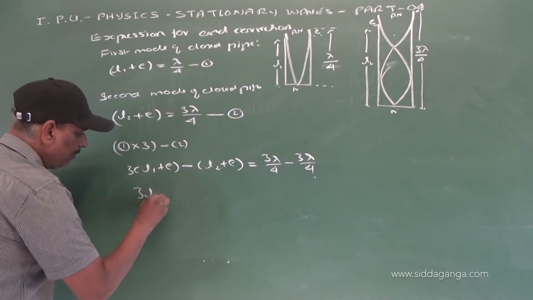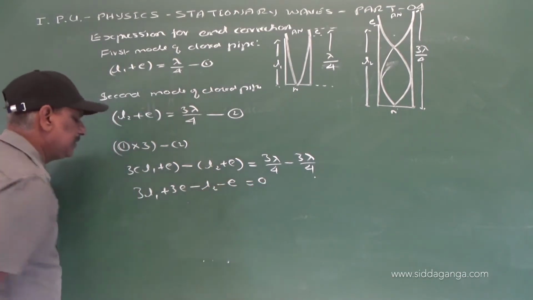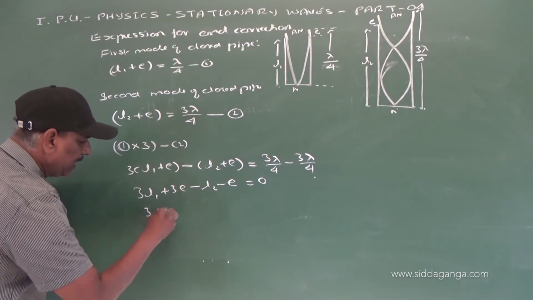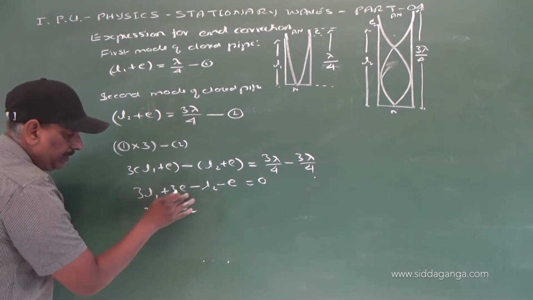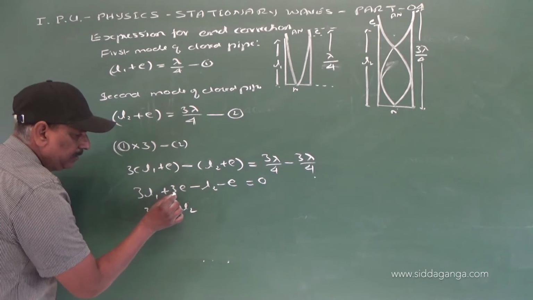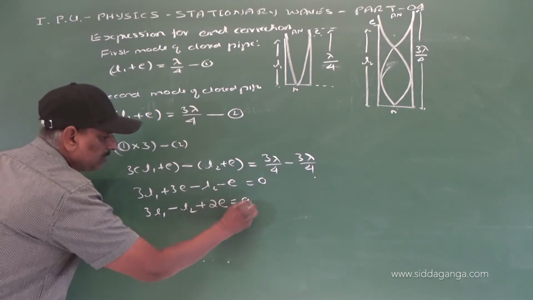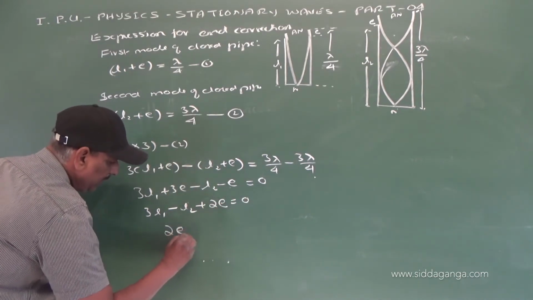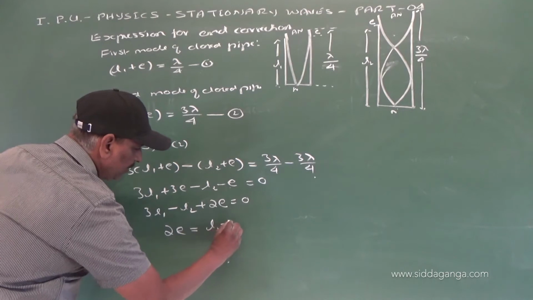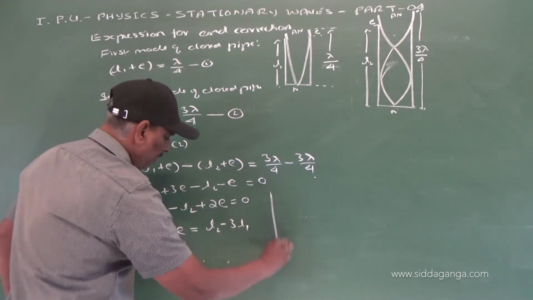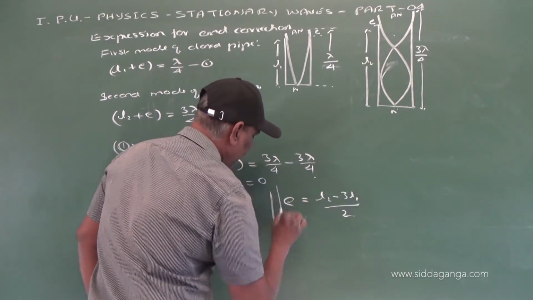That is 3 L1 plus 3E minus L2 minus E is equal to 0, or 3 L1 minus L2 plus 3E minus E, that is 2E, is equal to 0, or 2E is equal to, when we take this on the right side, L2 minus 3 L1, or E is equal to L2 minus 3 L1 divided by 2.